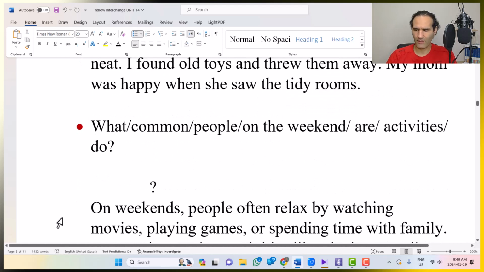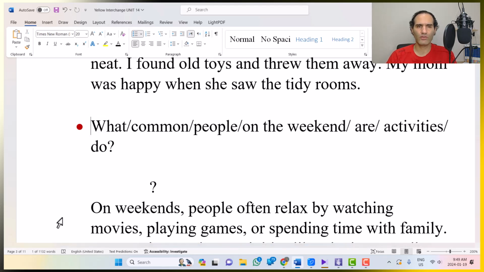Here we have a "what," and the W is capital, so it comes in the beginning. What? Because we do not have did, do, does, we have this "are." What are? Object. Common. Activities.